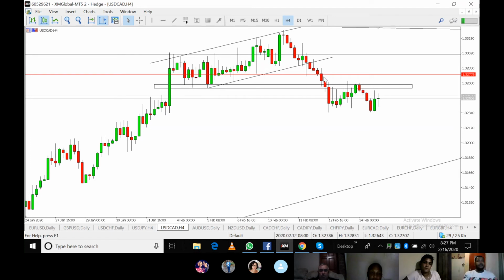Then we had a break. So this break signaled that what was once support, what kept price above, will now keep price under. And as you can see, the price went up, it went to retest our zone, and then it fell back down with an interesting close.